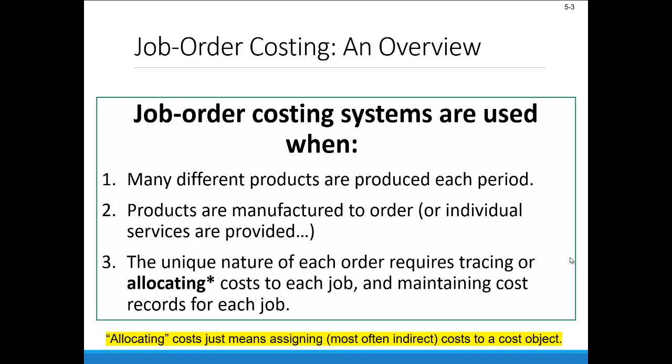We're not cranking out a whole bunch of units of one particular product that are indistinguishable from the next. Contrarily, we're providing some kind of product or service that's unique. And given the unique nature of each order, it's going to require tracing or allocating, which is also just a different way of saying assigning cost to each job and maintaining cost records for each job accordingly.